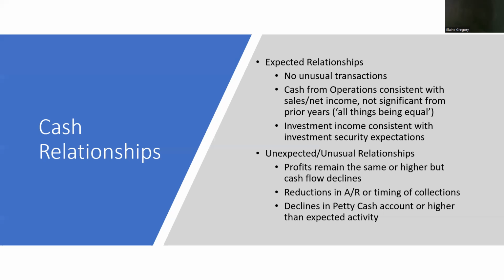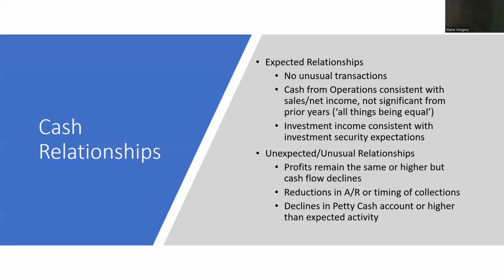We have declines in petty cash account or higher than expected activity. That's why petty cash is so important to have surprise audits and reconciliations. You can reconcile that at any point in time. Cash plus unreimbursed receipts should match your petty cash. But if we're starting to see declines or unusual requests for reimbursement, you might want to take a look at that.